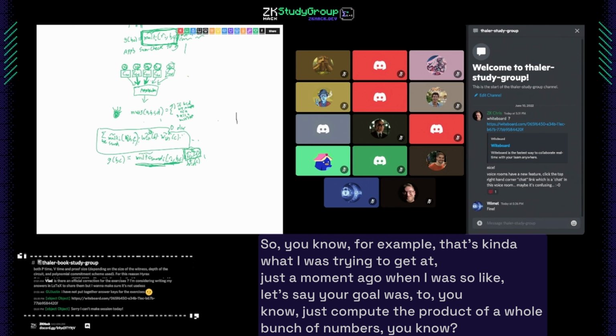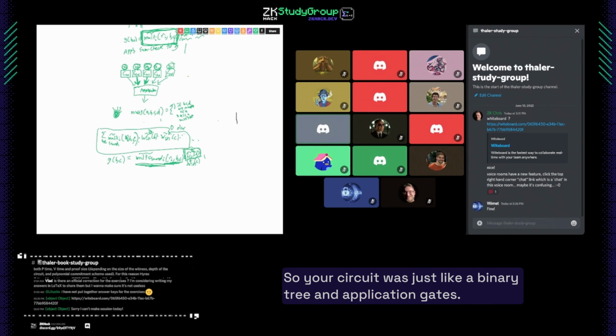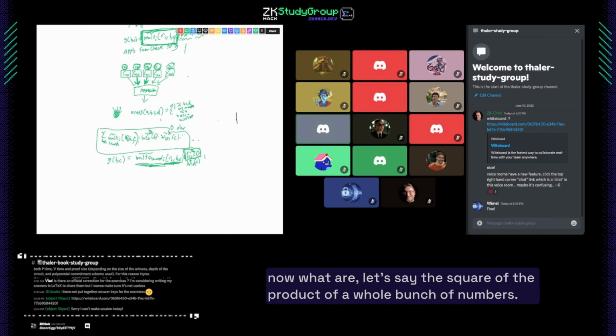So, for example, that's kind of what I was trying to get at a moment ago. Let's say your goal was to compute the product of a whole bunch of numbers, so your circuit was just a binary tree of multiplication gates. Let's say the square of the product of a whole bunch of numbers.